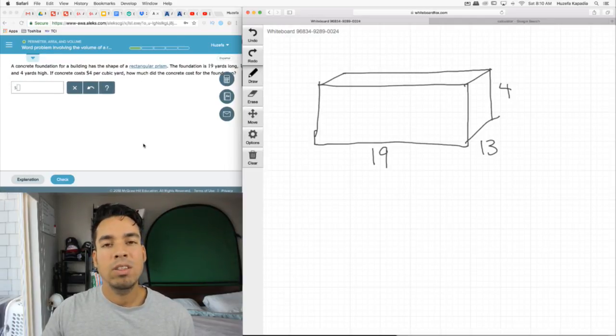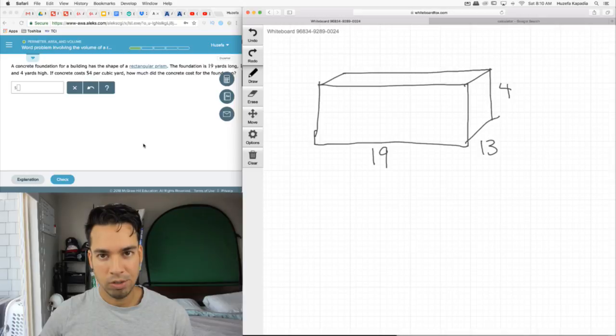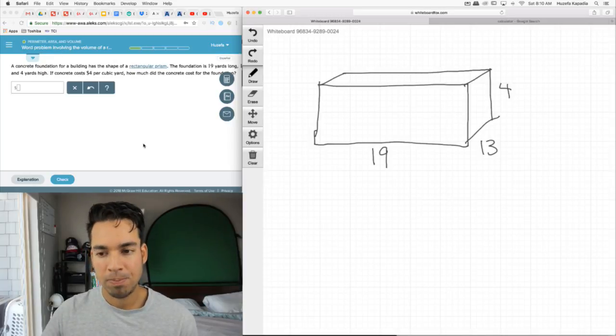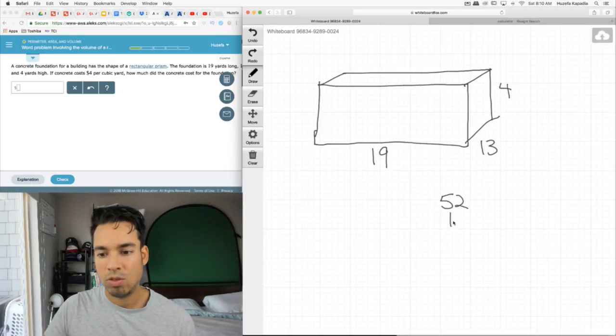So now what we need to do is figure out how many cubic yards were used, and then we know that each cubic yard costs $4. So we find out the total cubic yards and multiply that times 4. All right, so this is 4 times 13 is 52. And then 52 times 19. Okay, so I'm kind of calculating the volume here.